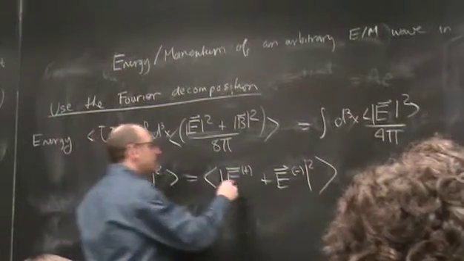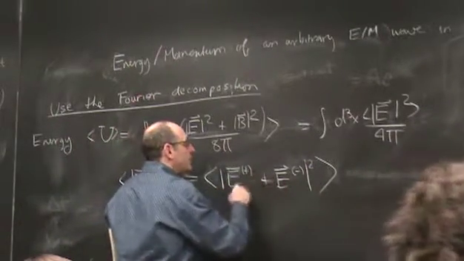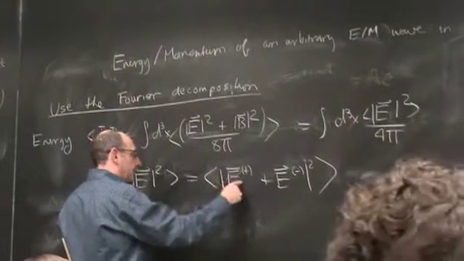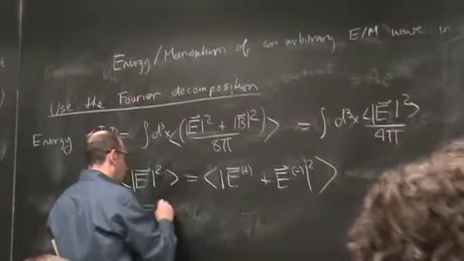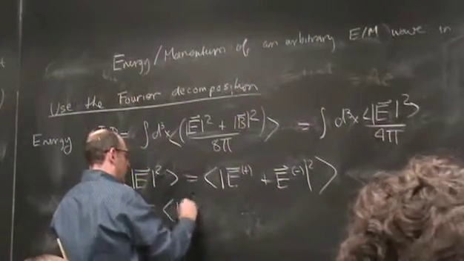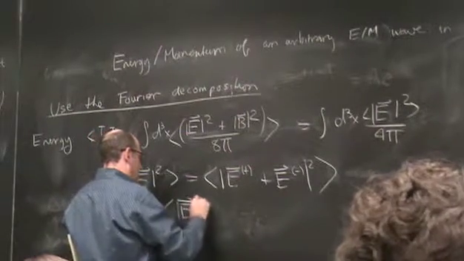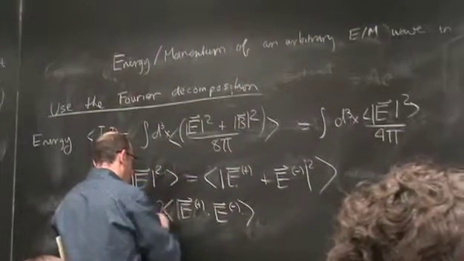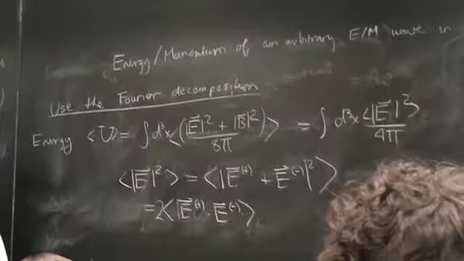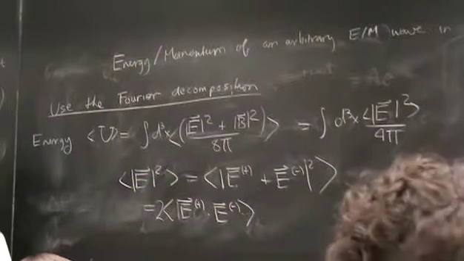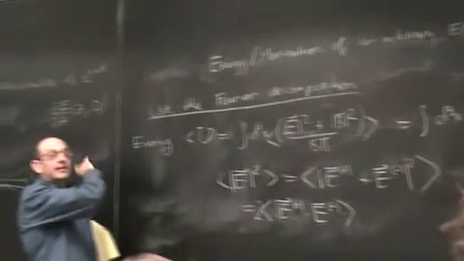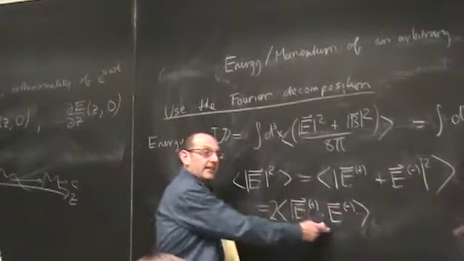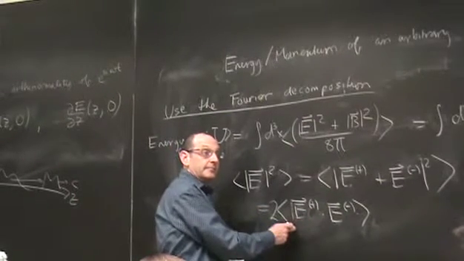But when I time average, the E plus squared and E minus squared terms average to 0. So all I get is the average of E plus dotted into E minus, and I get 2 copies of that, because the other ones time average to 0. Right? Because they're going to go like e to the minus i omega t, squared, and that averages to 0. You've got to have e to the plus i with the e to the minus i in order to average to something that's not 0.